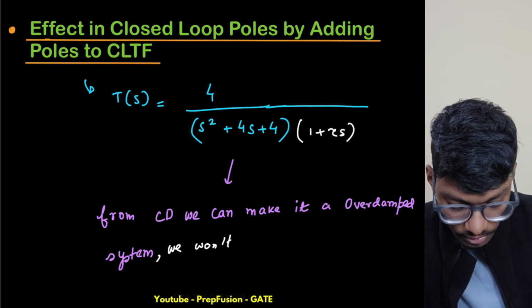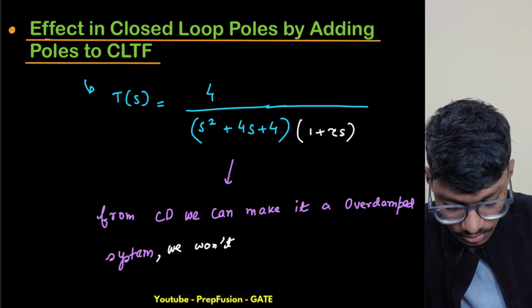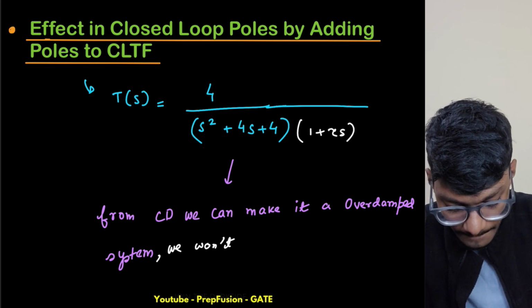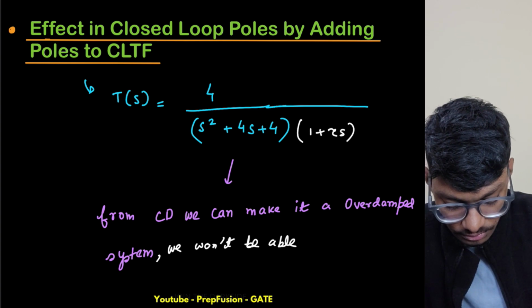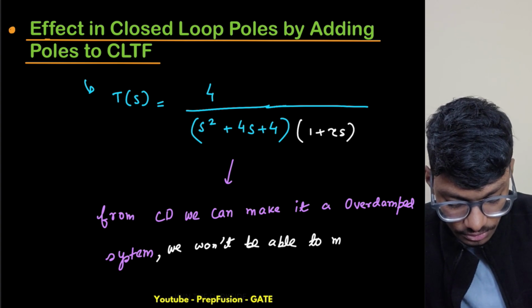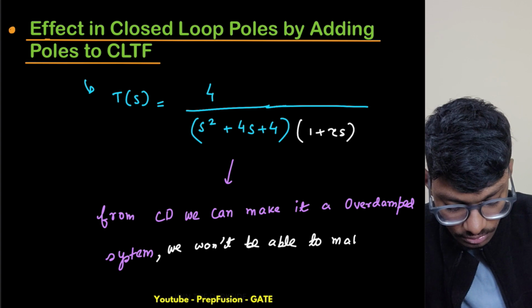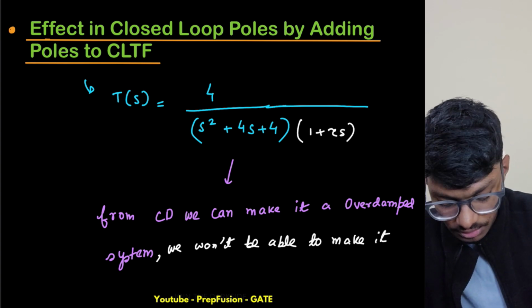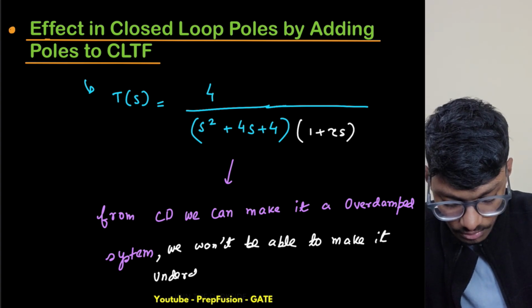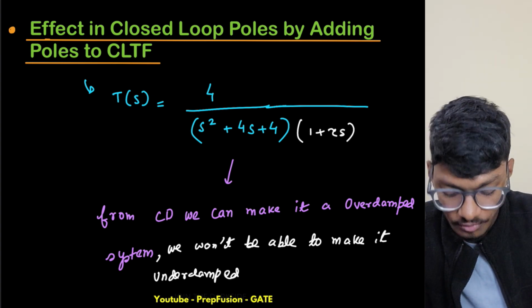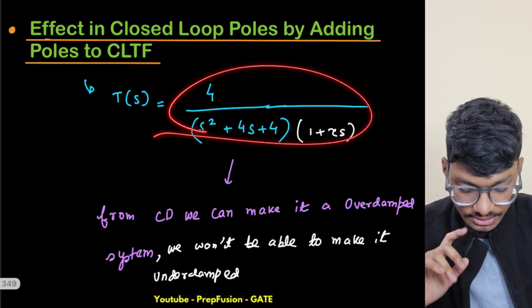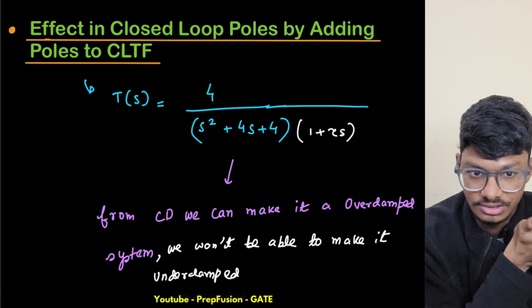We won't be able to make it underdamped. Okay, this is very important. You can understand from here as well that this is s plus 2 whole square into s tau plus 1.